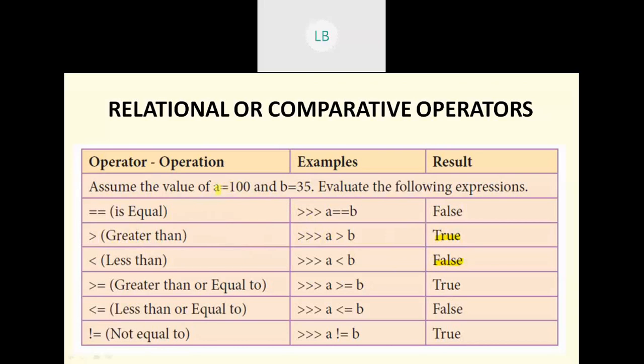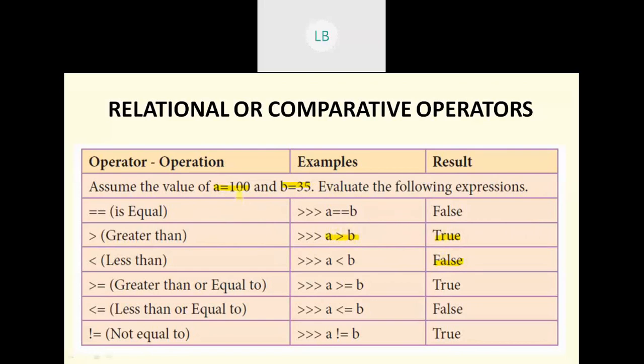Consider this example: A equal to 100, B equal to 35. If you write an expression A greater than B, this greater than is a relational operator. It is going to act on A and B, and it will give you the result either true or false.